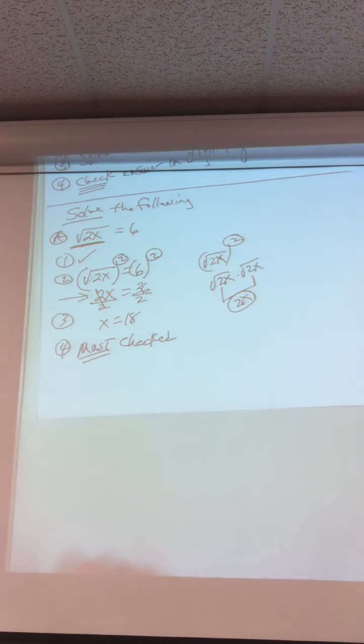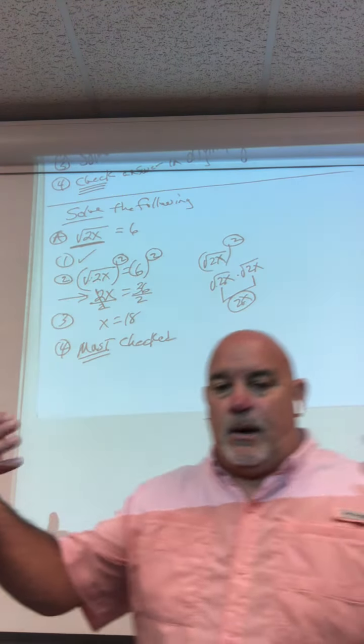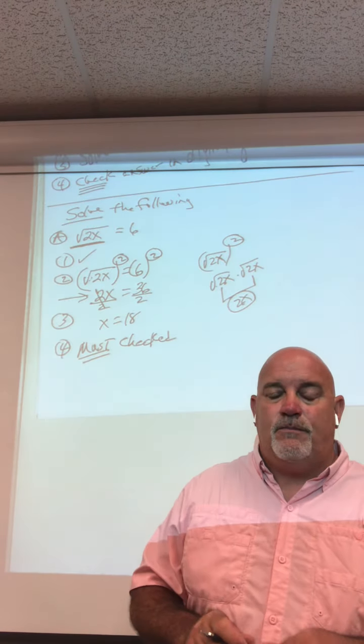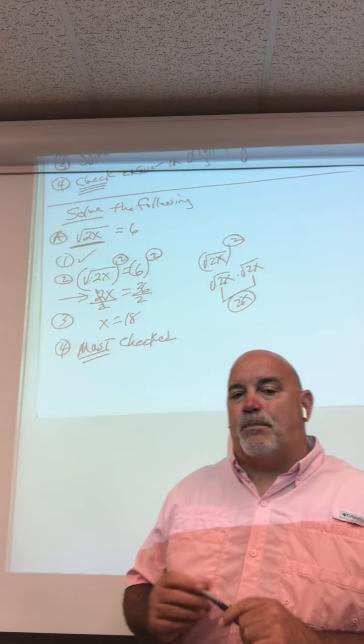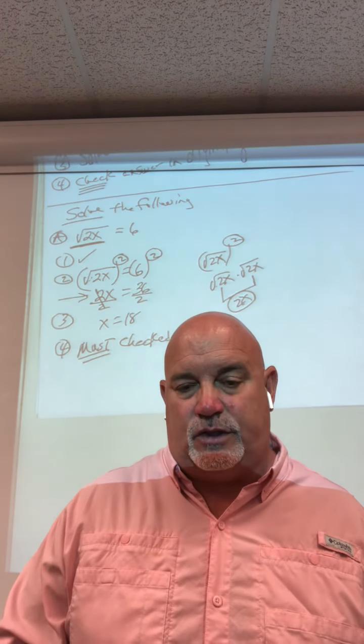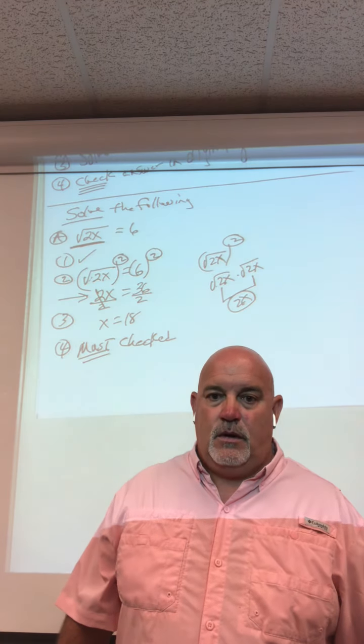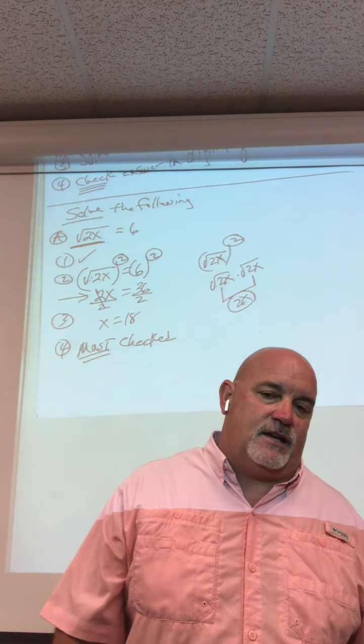Here is the reason. When you solve a radical equation, I'm not going to go into all the reasons why. When you square both sides on that step 2, sometimes it produces an answer that's called an extraneous solution. Basically what that means is it's a false answer. Sometimes it works, sometimes it doesn't.